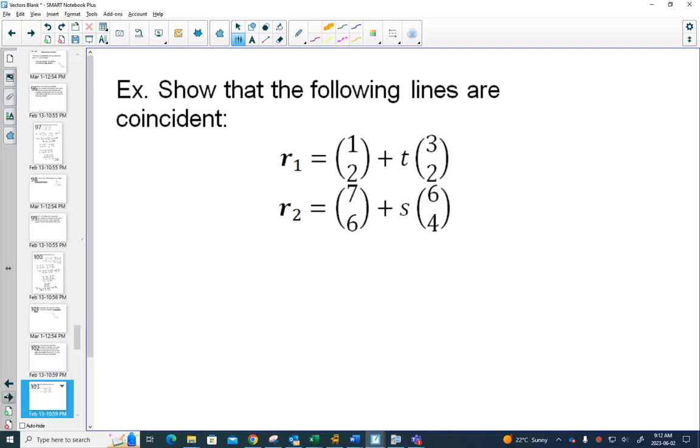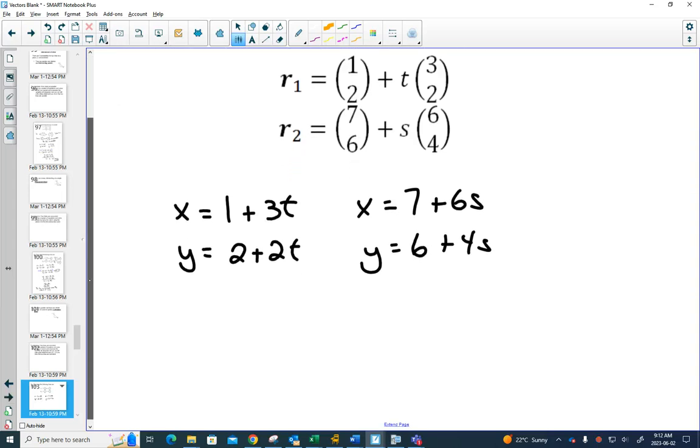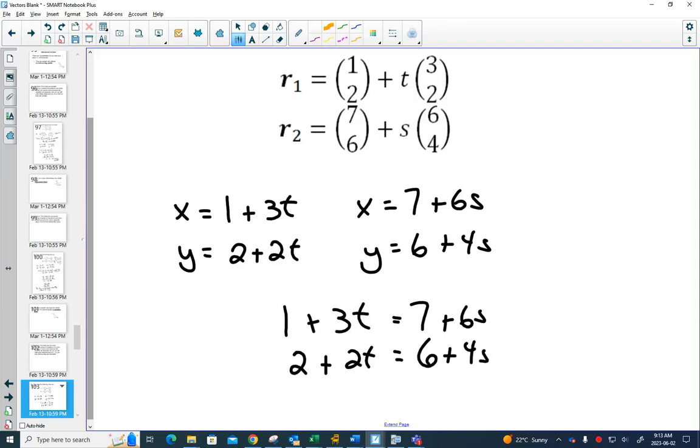So again, when we set up our parametric equations, from our first equation and from our second equation, multiply equation 1 by 2, take equation 2 and multiply by -3.